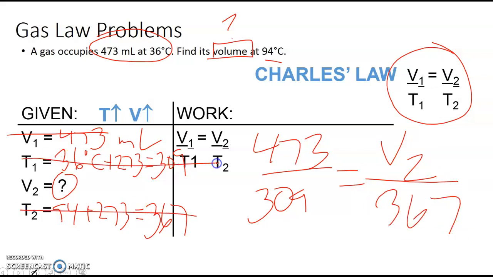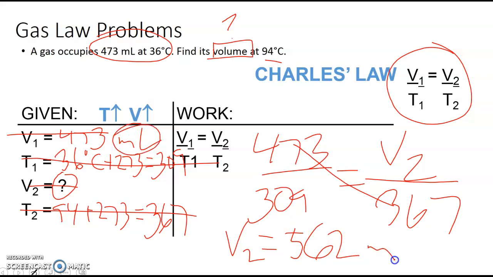So we've put all these variables in. We can cross multiply, taking 473 times 367 and dividing by 309, or we could simply solve for V2. Either way works by multiplying both sides. When it's all said and done, V2 equals 562, and that is in milliliters because we were given milliliters right there.